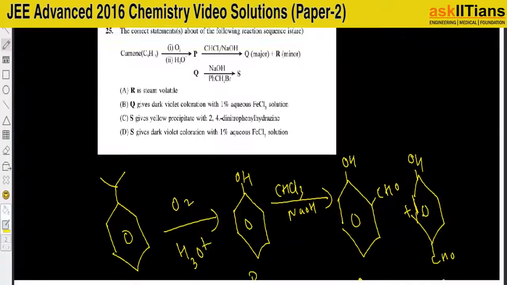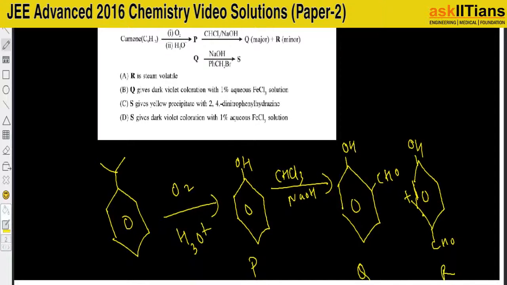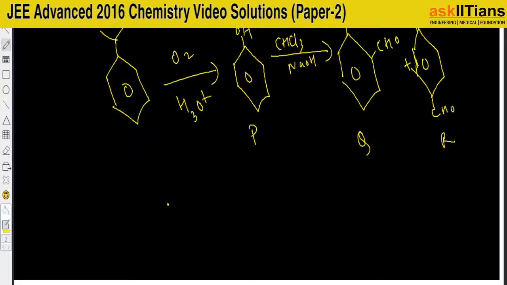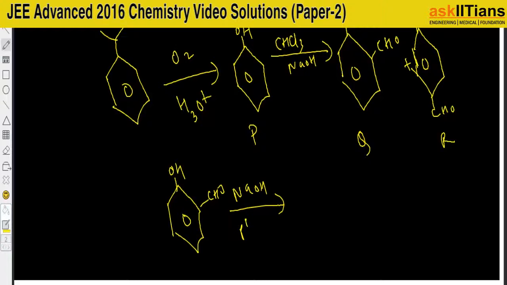Next thing, Q is treated with NaOH and PhCH2Br. So Q, which was my salicylaldehyde, let's now treat it with those reagents. So what will happen first?